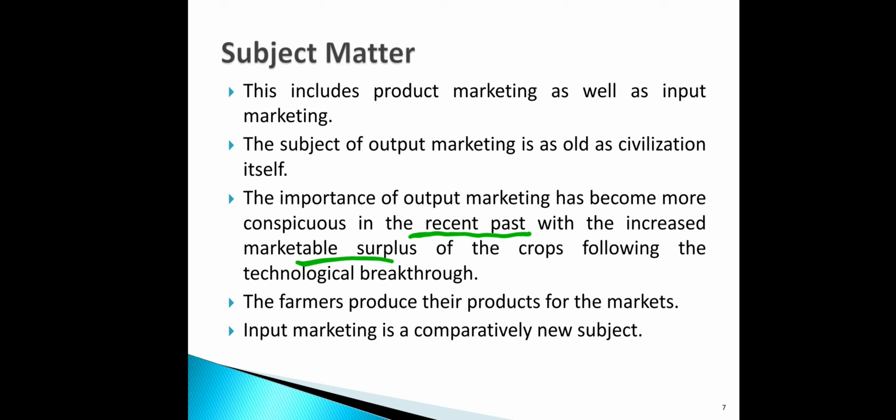As their views have changed, they have increased their marketable surplus, and if they have sufficient products for selling, then the scope for agriculture marketing is increasing. Nowadays farmers are not producing for consumption, but for the market, for selling.